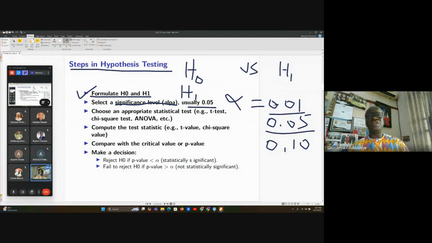You have to choose it before you even collect your data. So that's the second step, selecting a significance level. So I've advised that for now, stick to a significance level of 0.05. The third step is to choose an appropriate statistical test.